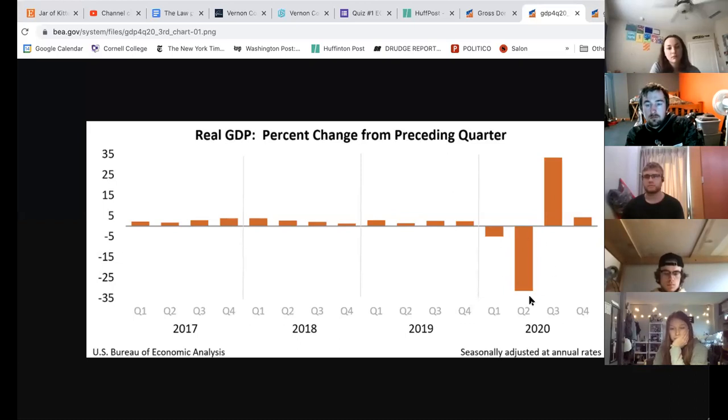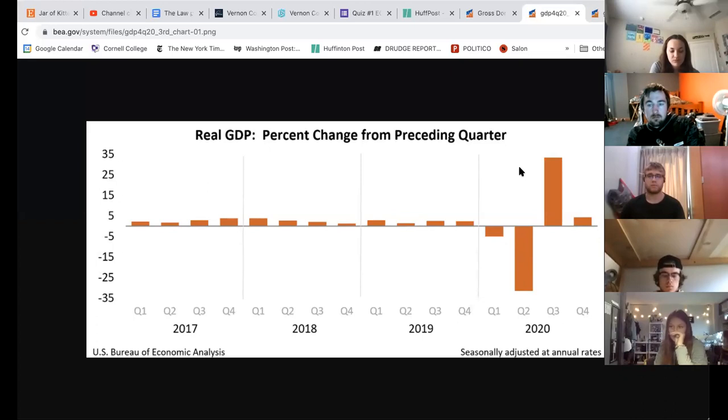This 25% decline in GDP in quarter two of 2020 was the largest single quarter decline in GDP in US history. Of course, that was then matched with the largest increase in GDP in US history, right? And so COVID has definitely wreaked some havoc on our GDP statistics.